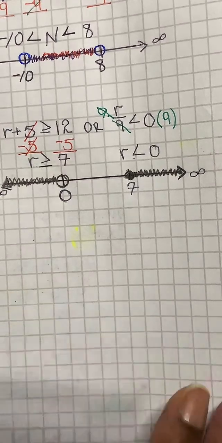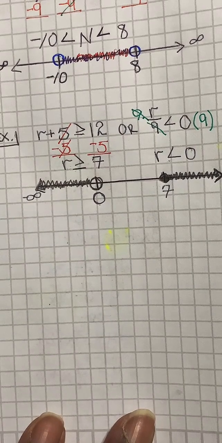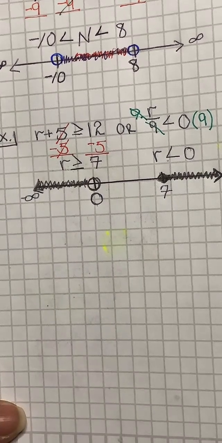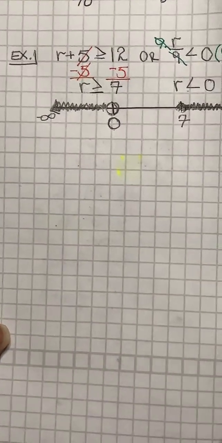All right. Let's look at another one. Let's see if we can do one of each. Okay. I'm going to try this one. Oops. Let's try this one.